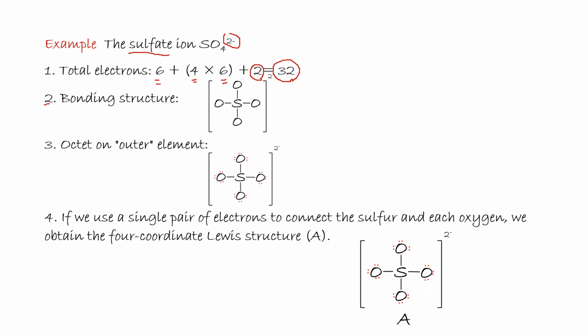Step number 3, give the outer elements their octet, so add 6 to each oxygen. Now you have 8 for 4 oxygen, 4 times 8, so you have the 32 electrons.